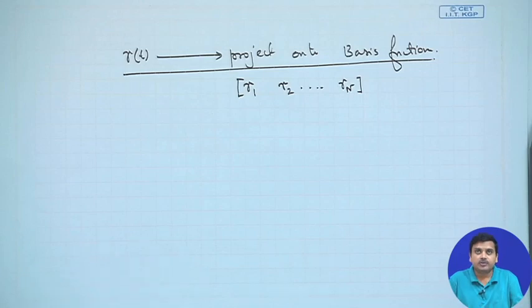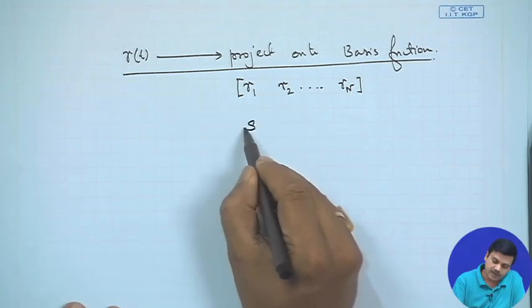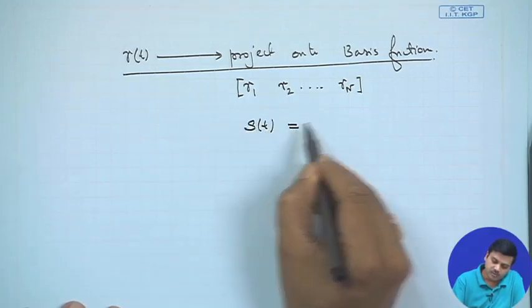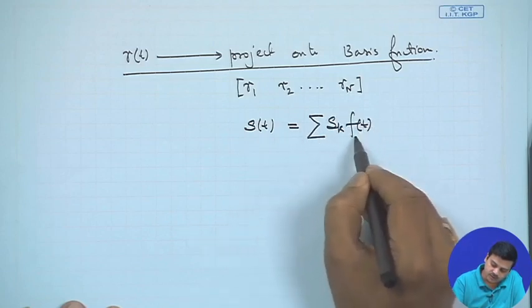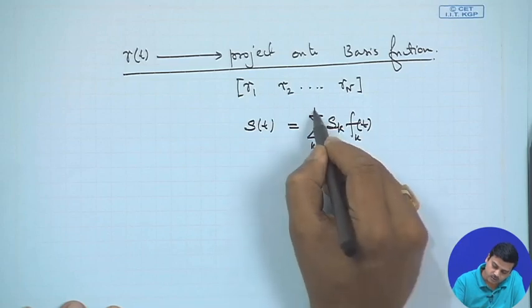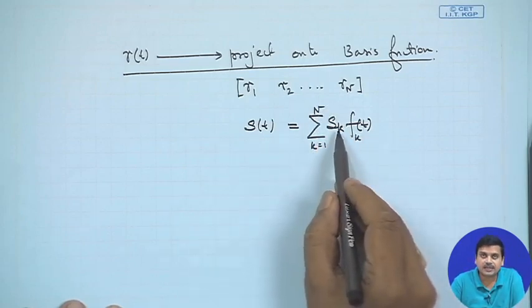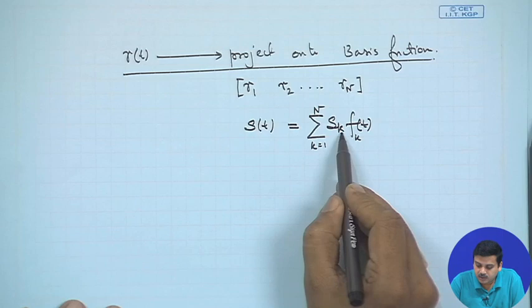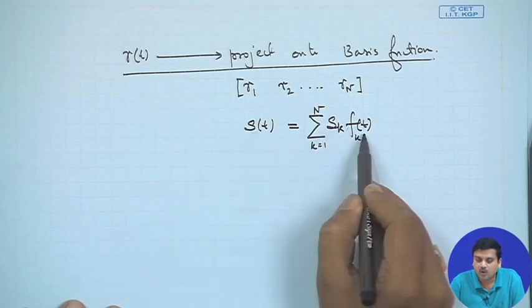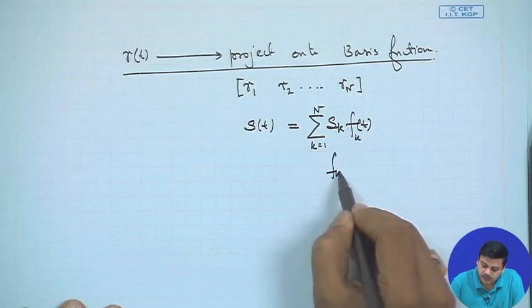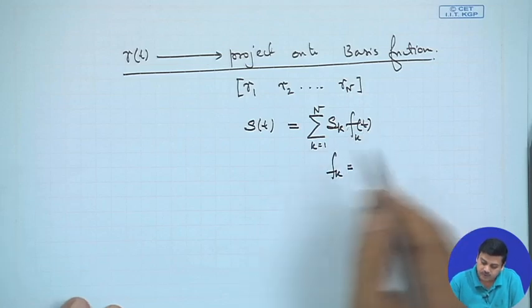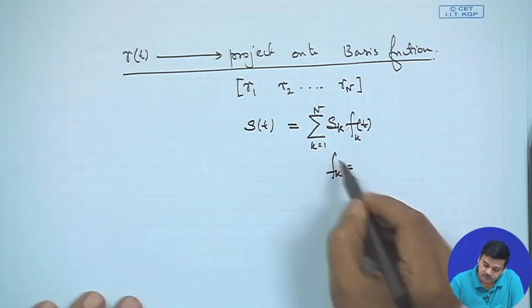Now, at this point we should also remember that given a particular signal S of t, we said that S of t could be expressed in terms of its coefficients, k equals 1 to n, where Sk is the component of the signal on the particular basis function, orthonormal function Fk.